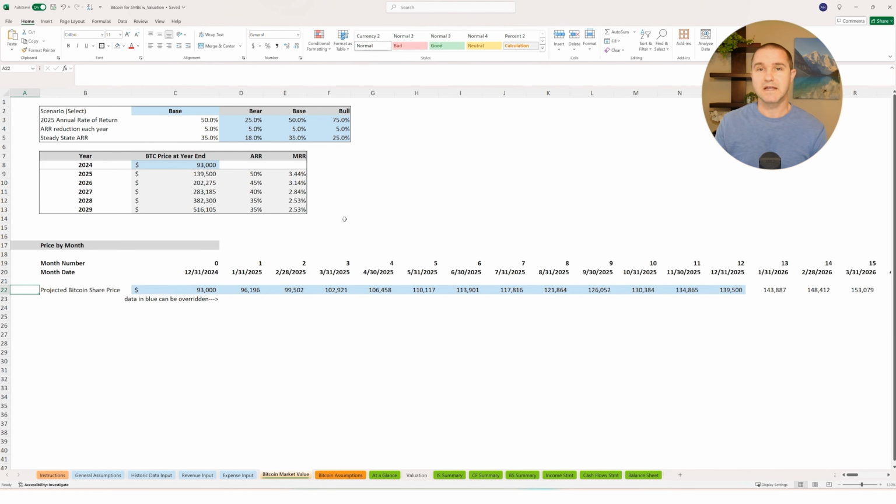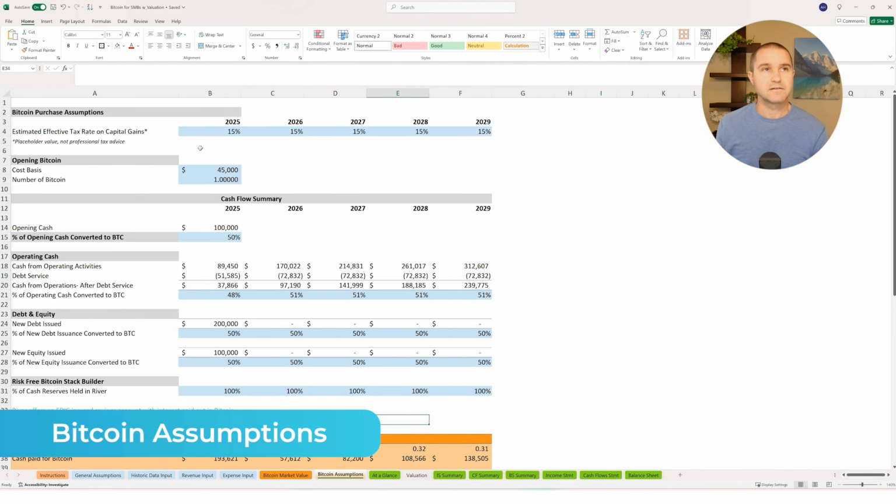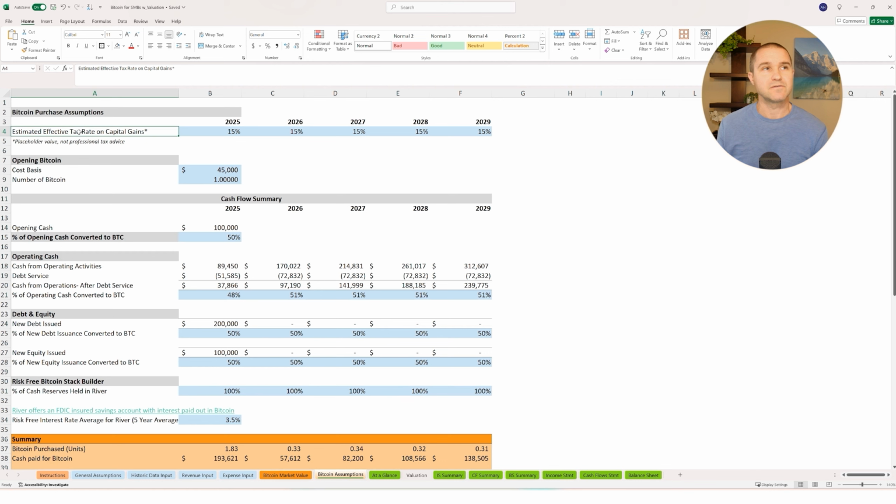And this is important because now we're going to come to our next tab here and have some additional assumptions. We need an estimated effective tax rate on the capital gains. So the model is going to assume that you will sell Bitcoin if the business needs cash. So if you have Bitcoin on the balance sheet, and then let's say you have a slow year, or you have some investments in the business and you needed cash, it will sell Bitcoin.